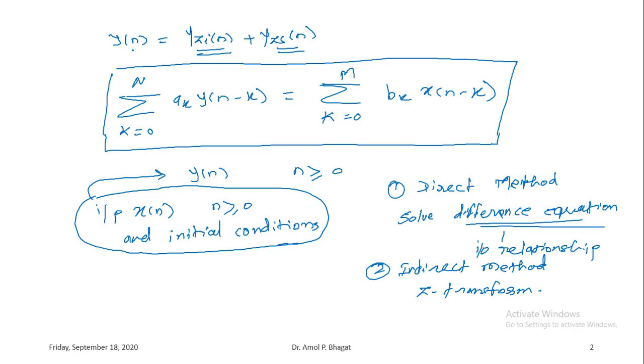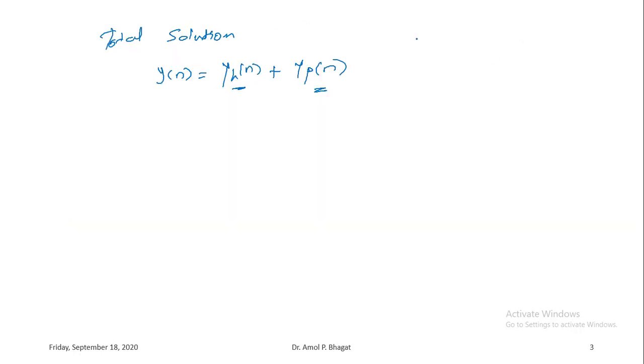In the previous session we saw the total solution is the combination of zero input response and zero state response. Basically yzi of n is identified by using yh of n, and yzs of n, the zero state response, by using the homogeneous solution plus the particular solution, right?